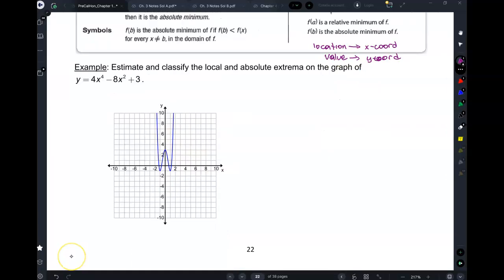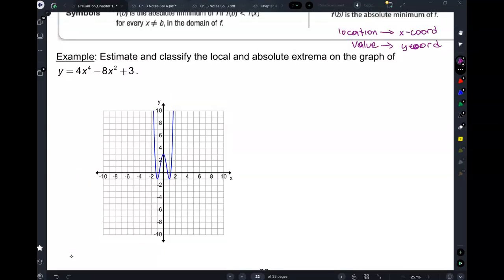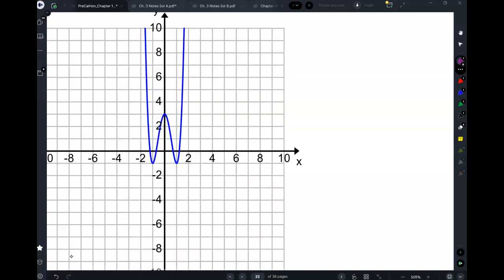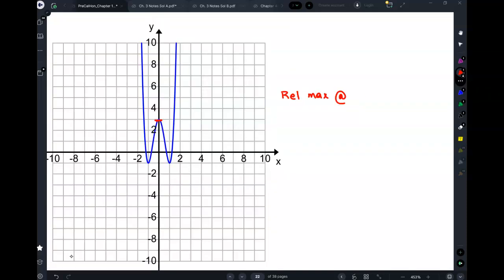Okay? Estimate and classify the local and absolute extrema on this graph. Okay? Classify means say if it's min, max, absolute, or not. So we definitely have a maximum here. So I can say there is a relative maximum at (0, 3).